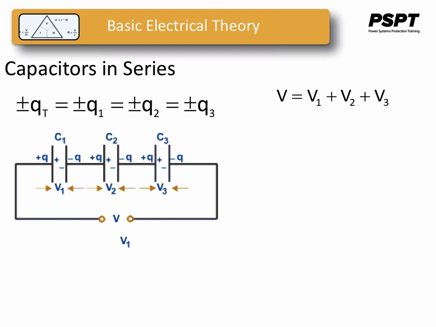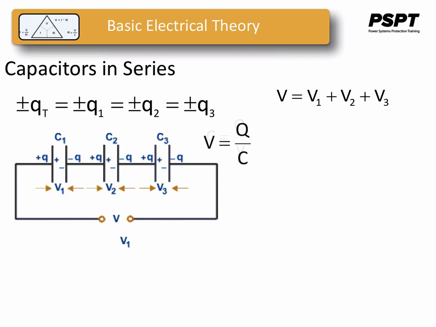Now, according to Kirchhoff's voltage law, around the loop, the voltage drops V1, V2, V3 have to equal the supply voltage. So the supply voltage is equal to V1 plus V2 plus V3. Now remember that capacitance is defined as the charge over the voltage of that capacitor.